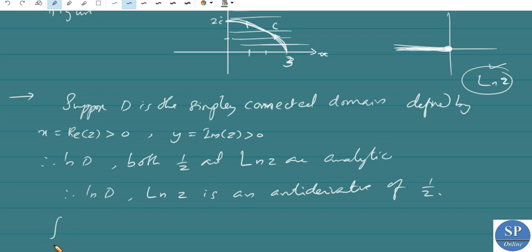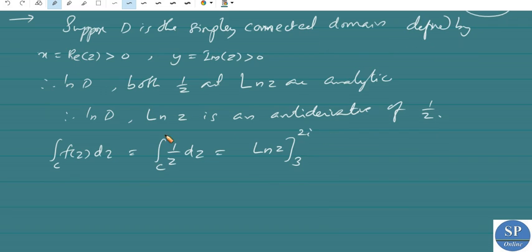So we can use the fundamental theorem for contour integrals. The integral over C of 1 by z dz is nothing but the antiderivative ln z evaluated from the points 3 to 2i. So we have ln 2i minus ln 3.